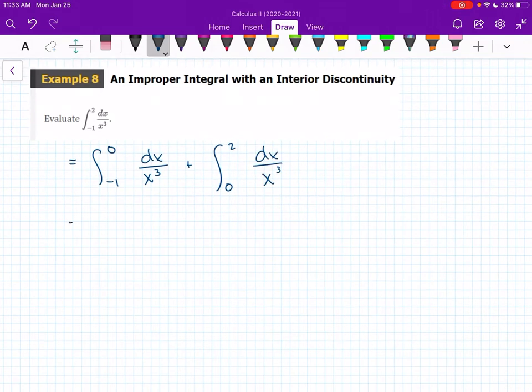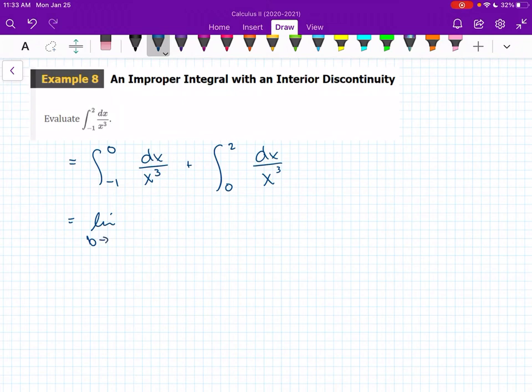Then you would go through and set up your limits. You can do it a couple different ways, but you have to pick 2 different variables here, because we want to make sure that we're not using the same variable for both bounds.